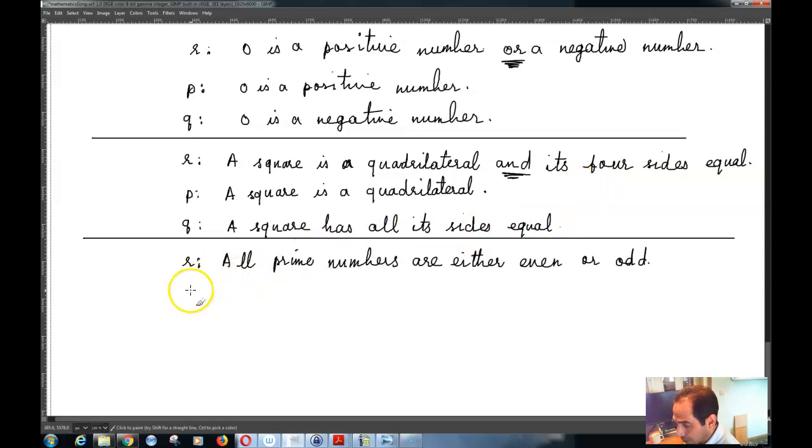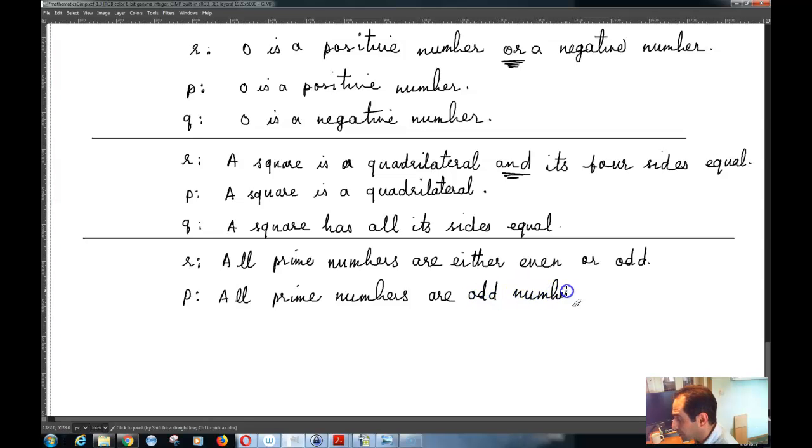So the component statements would be P, all prime numbers are odd numbers, and Q, all prime numbers are even numbers.